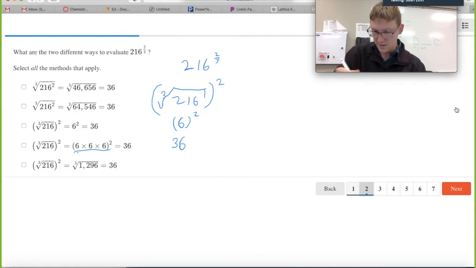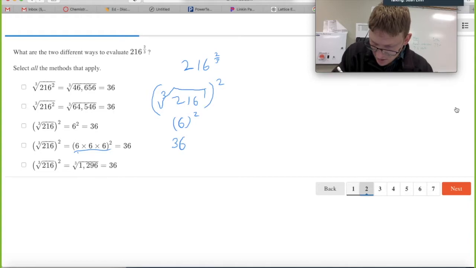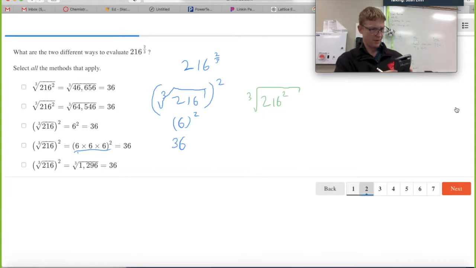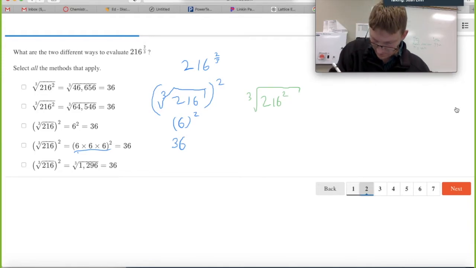So the other way to do that, we'll do it in green, is to start with the top part of the fraction first. So you're going to take 216 squared, and then you're going to raise all of that to the third root. So 216 squared, I'm just going to totally do that in my head. 216 squared is a big number.